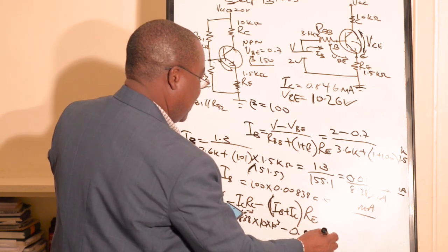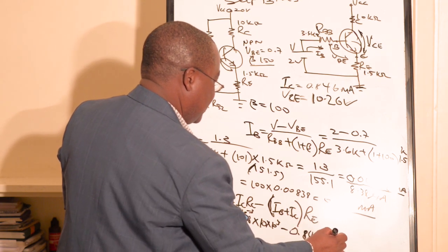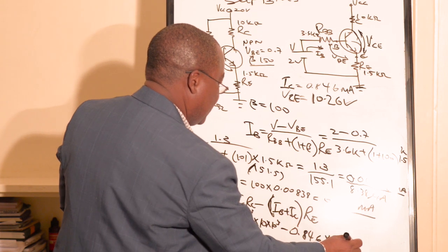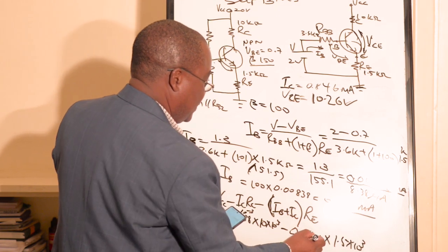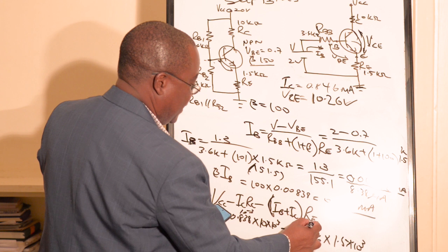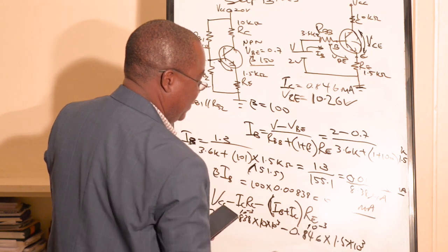We times RE, which is 1.5 times 10 power 3. This is a milliampere, so we have here 10 power minus 3 for milliampere.